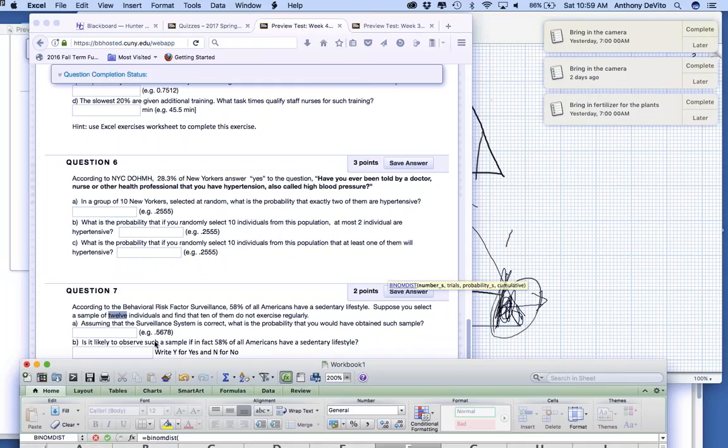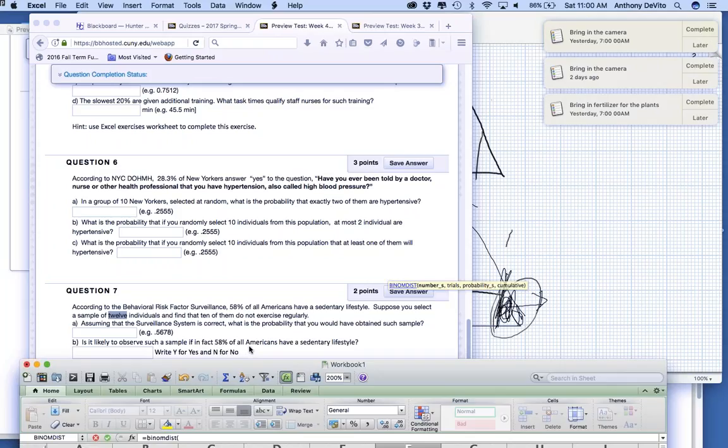Is it likely to observe such a sample if, in fact, 58% of all Americans have a sedentary lifestyle? Well, the answer to that question is going to be the answer to part A. How likely is it that you'll get something like that? Did this turn out to be 1% or 90%?